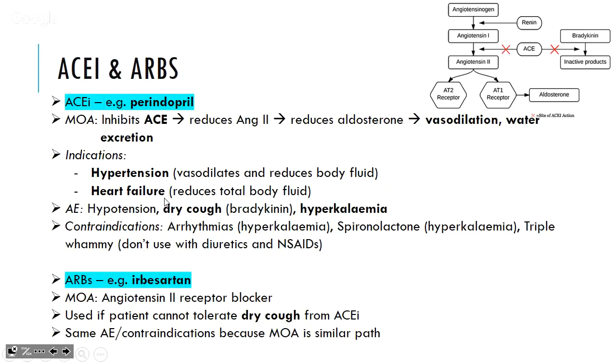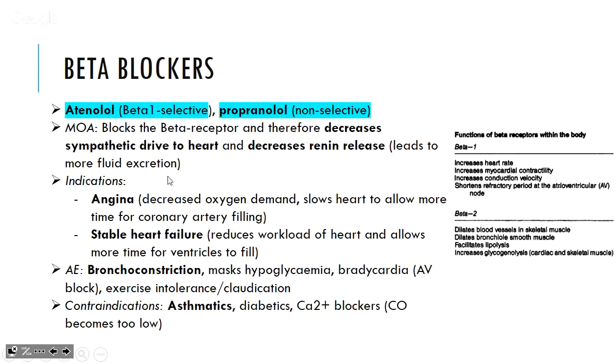Just remember the buzzword dry cough. For ARBs, it's the same thing, but there's no dry cough. Beta blockers, you have beta 1 selective or non-selective. It decreases sympathetic drive to the heart, and it will be used to treat angina and stable heart failure. For contraindications, if the patient has asthma, don't give beta blockers.